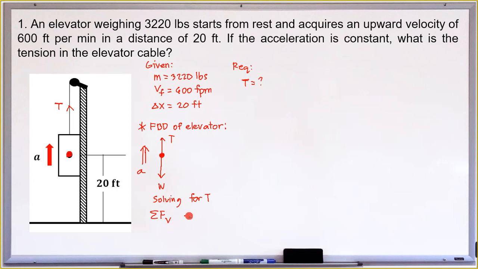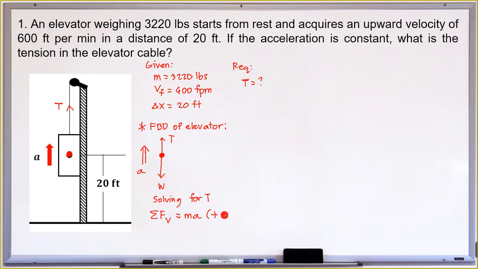The summation of forces in the vertical direction should be equal, by D'Alembert's principle, to the mass of the elevator times its acceleration. Now you should initialize the sign convention.